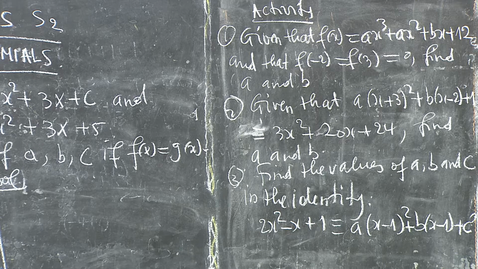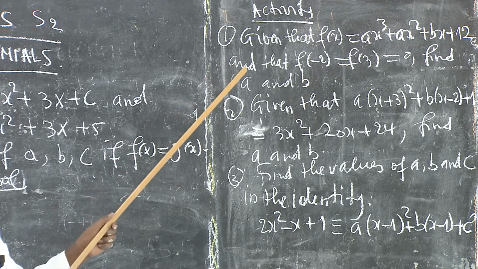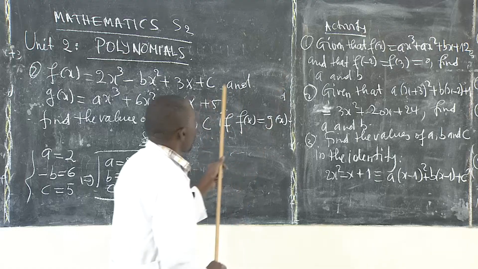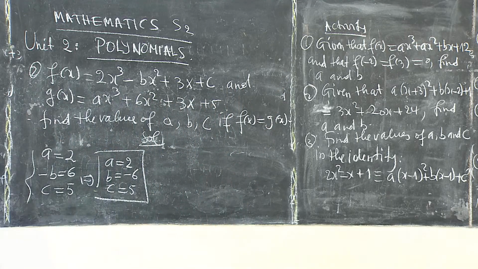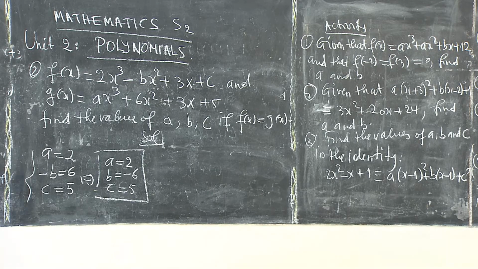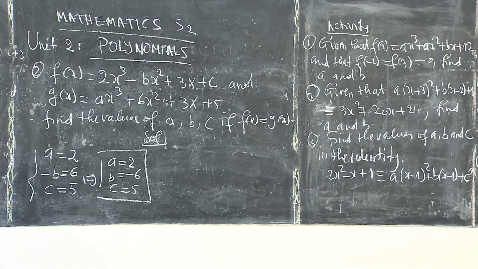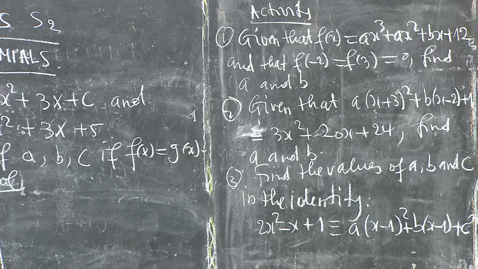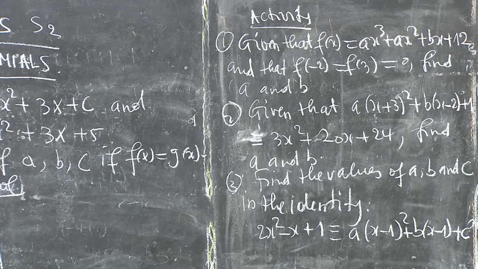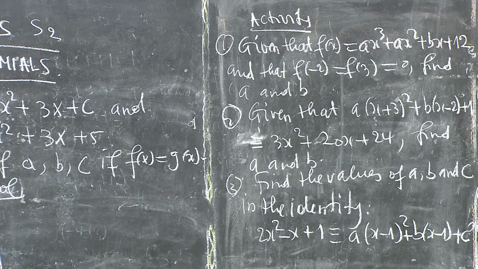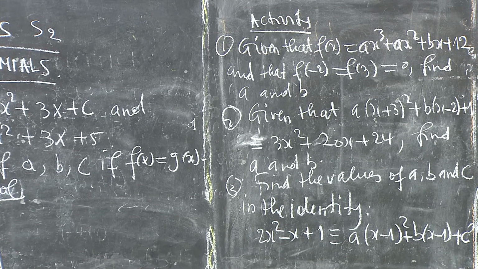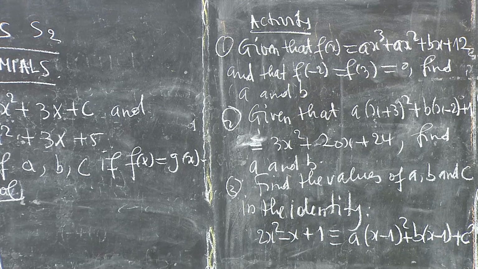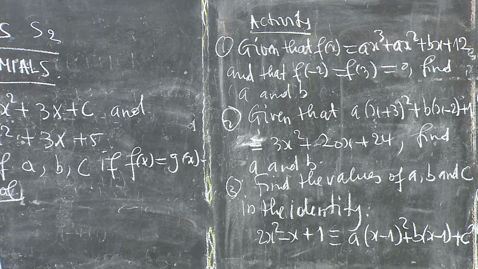Nice. Okay. Thank you. Let us start with number 1. We have our polynomial f of x equals ax power 3 plus ax squared plus bx, then plus 12.